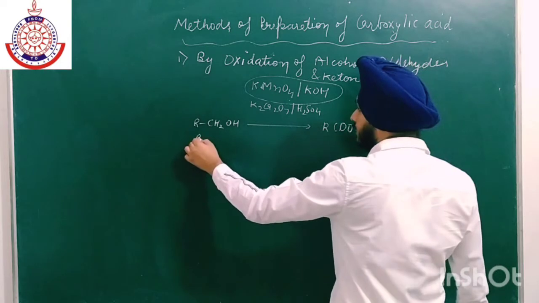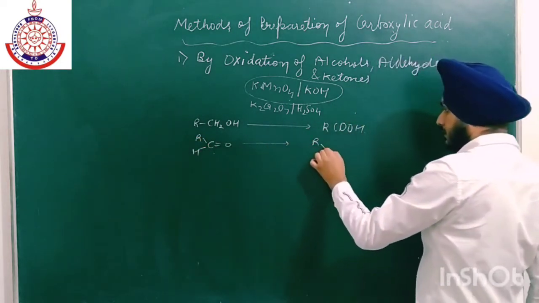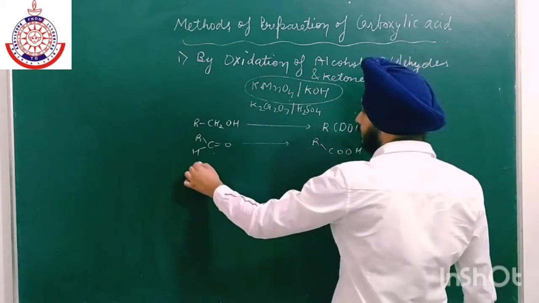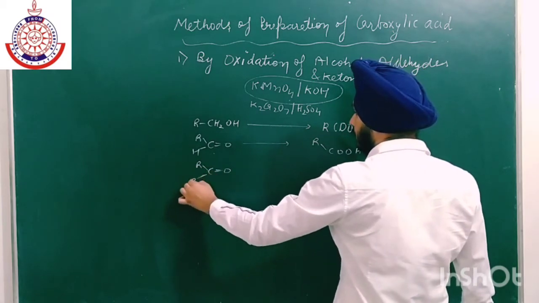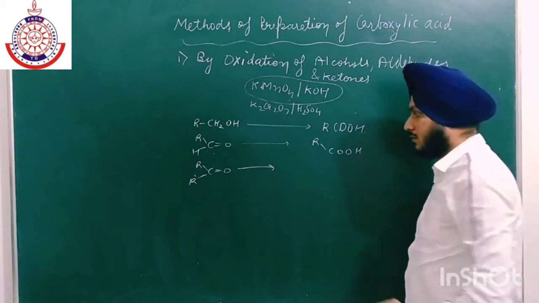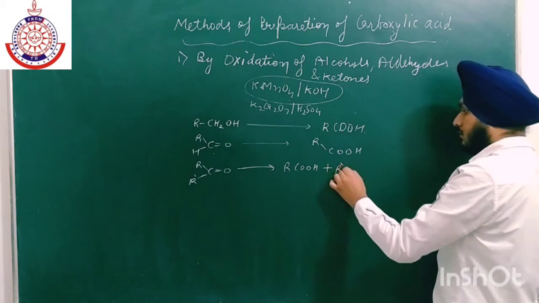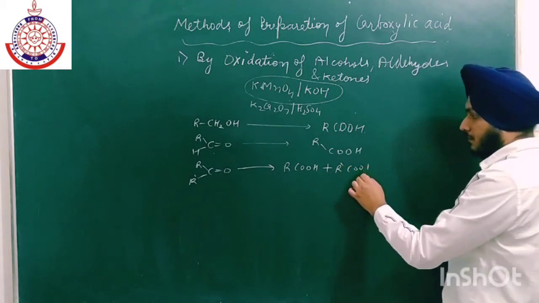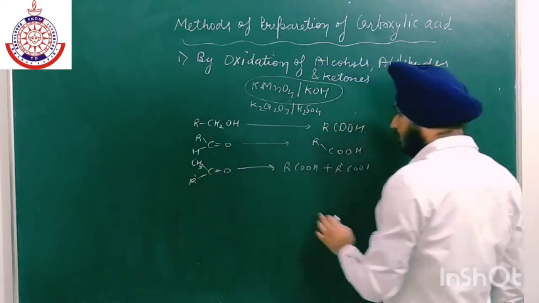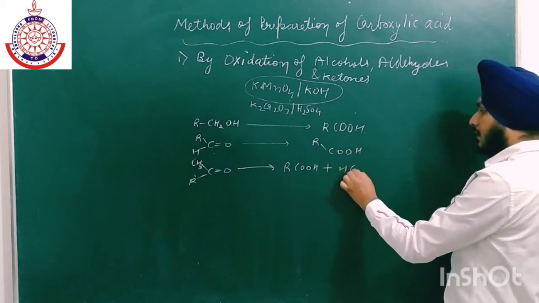Similarly, in case of aldehydes, we will get COOH again, and in case of ketones, we will get two products. I'm taking an example, like here we have a CH3 group, and this R dash group is large.